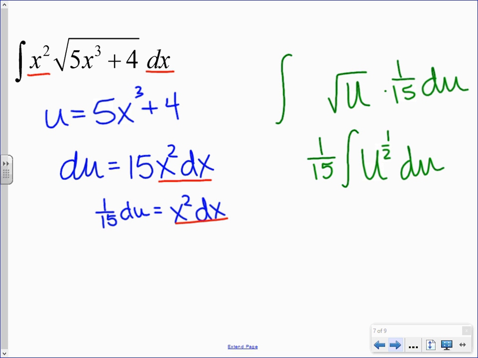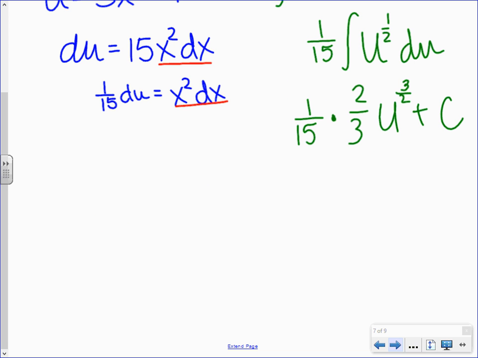So now when we take the antiderivative, we have that coefficient that's going to stay there, times u to the 1/2 becomes u to the 3/2 times 2/3 plus c. So we have 2/45 u to the 3/2 plus c.